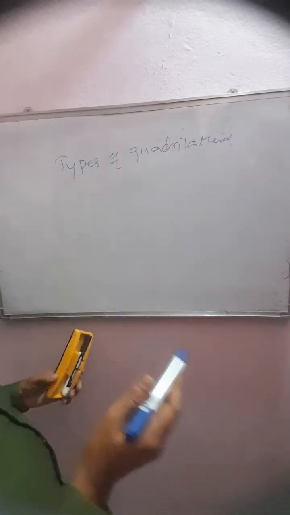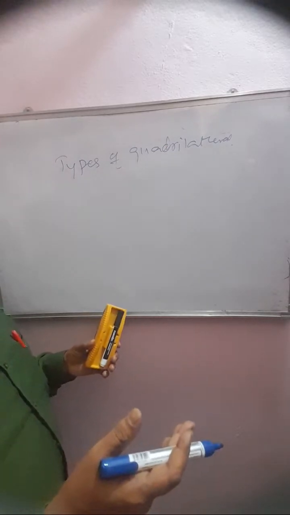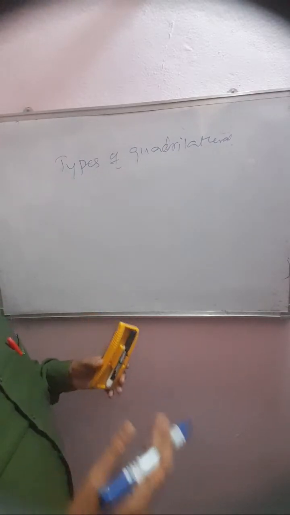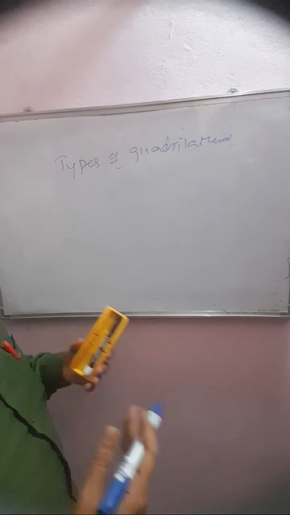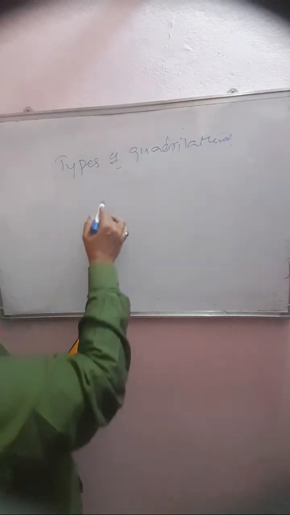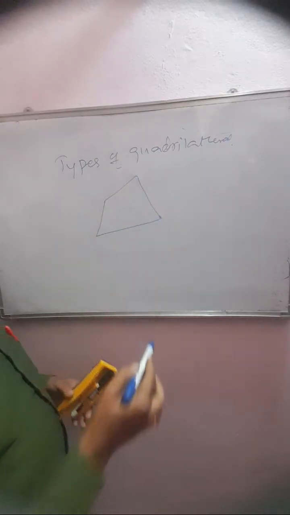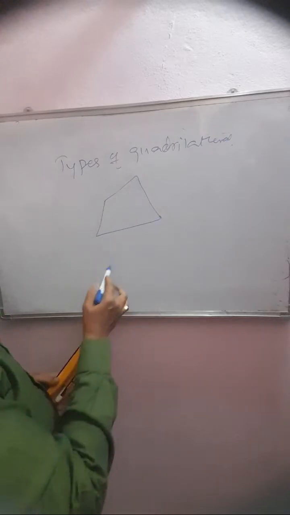See, there are many human beings in this society. One will become a doctor, one will become a teacher, one will become an actor, and some even become a doctor and actor like that. So types of quadrilateral: every figure which has four sides is a quadrilateral.